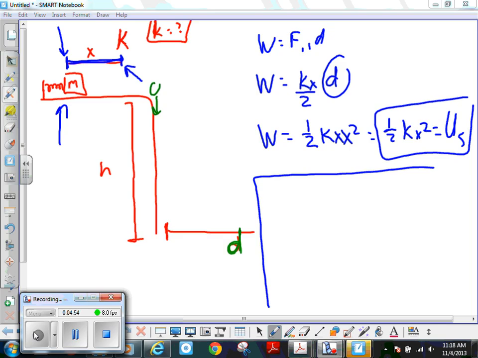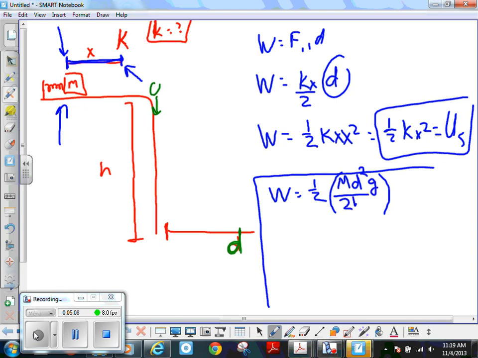So since we don't have k, the work that the spring does is 1/2, and then our solution for k, m d squared g over 2 h x squared. So that's all k, right? And then x squared again.